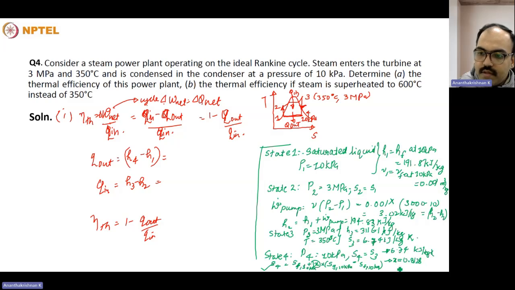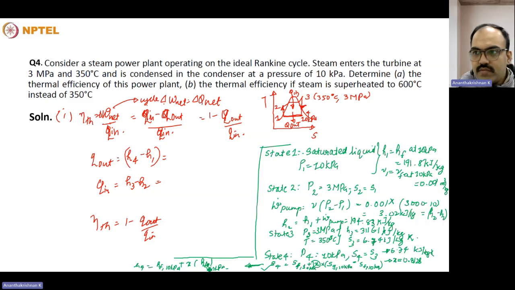That is the quality of the steam. And using a similar formula, we can calculate the enthalpy of the state point 4. So H4 will be equal to the enthalpy of the saturated liquid at 10 kilopascal plus X into HFG, the enthalpy of vaporization at 10 kilopascal. So you can go to the steam table and find these two properties.